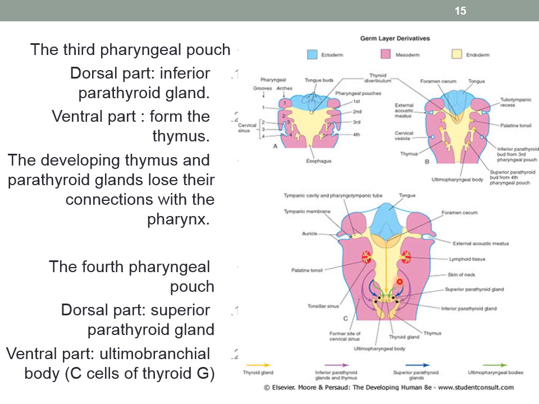The fourth pharyngeal pouch, its dorsal part forms the superior parathyroid gland, and its ventral part forms the ultimobranchial or ultimopharyngeal body, which gives origin to the C cells of the thyroid gland.